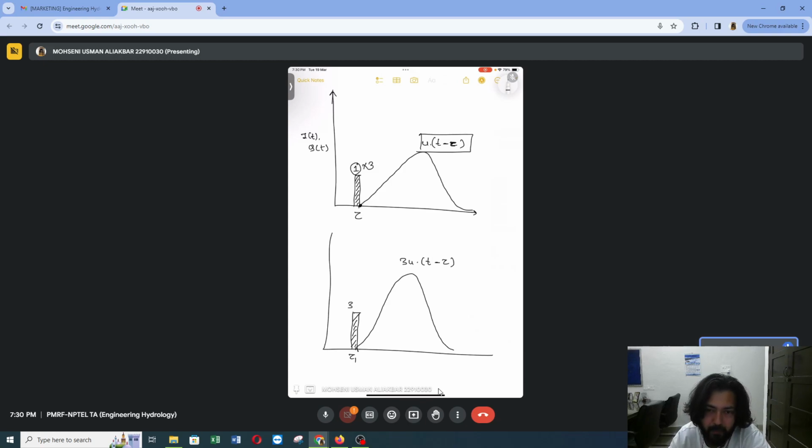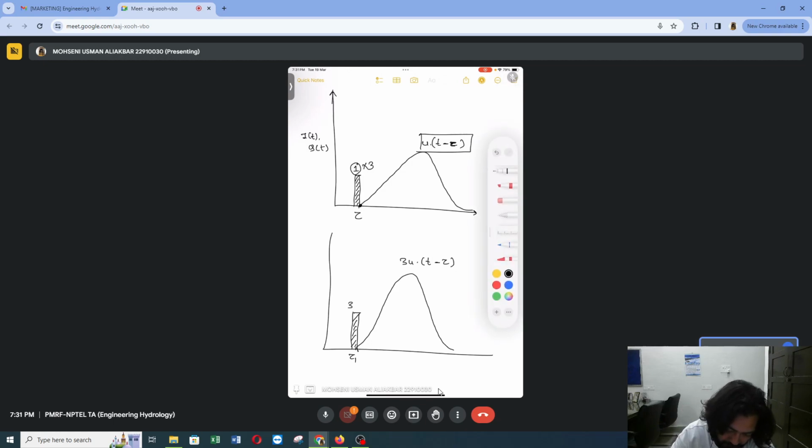Now we also want to apply the principle of superposition. In order to apply it, we need a minimum of 2 inputs. So let us say we have another input at time tau naught, multiplied by a constant of 2. For this also we'll have another output, and that output would be 2u of t minus tau, right?